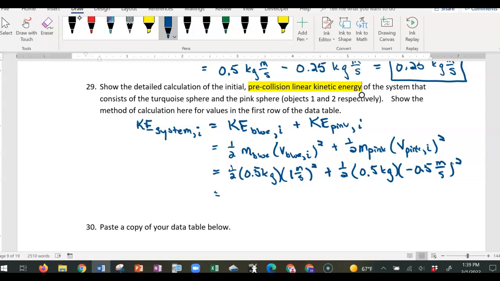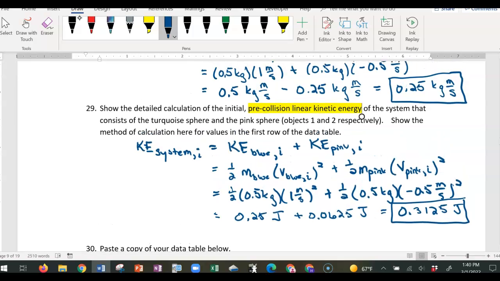No, it's 0.5 times 0.5. So that would be 0.25. And this is going to give me joules, right? It's going to be an energy. And over here, this is going to be 0.0625 joules. And so that gives me a total system kinetic energy before the collision of 0.3125 joules.